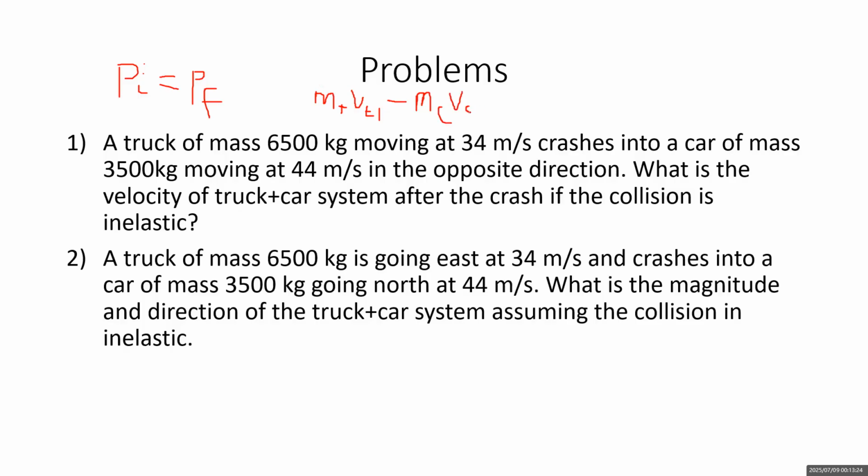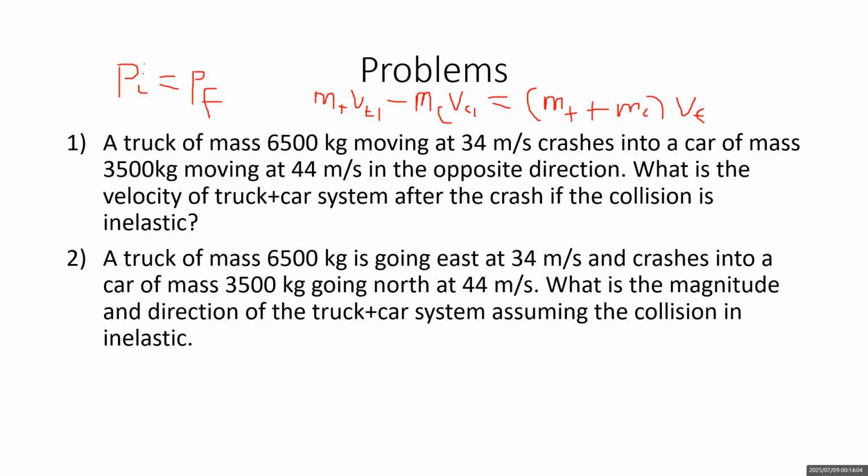V car initial, and they're going to come together. M truck plus M car times the final velocity. And when we do this, we get a velocity of 6.7 meters per second.